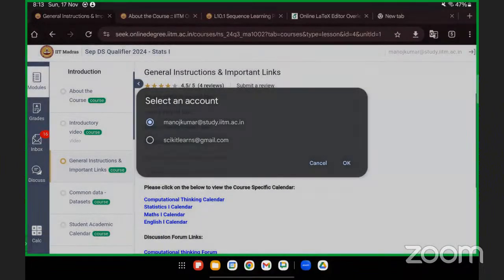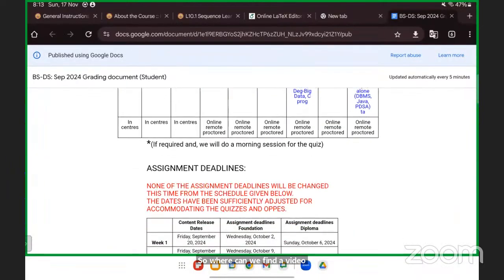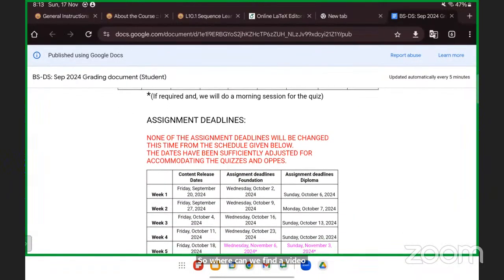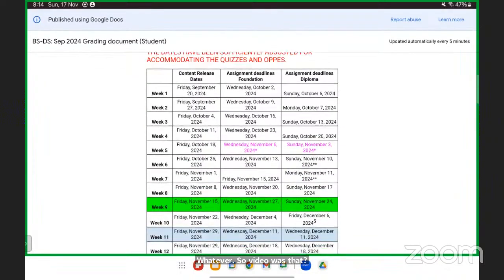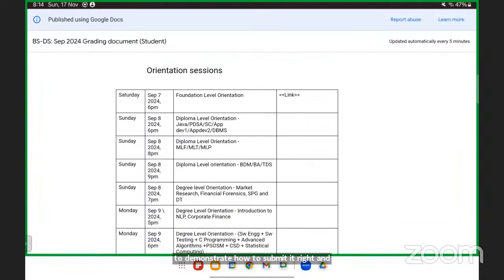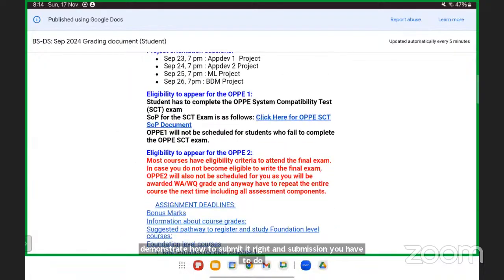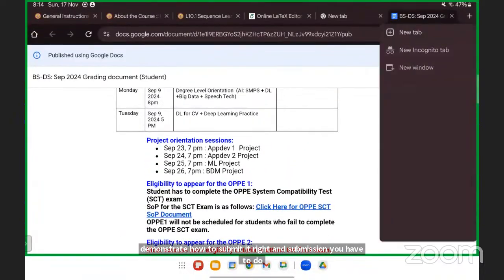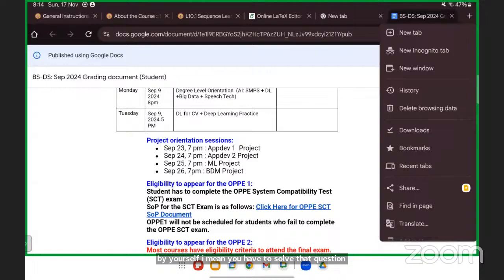So where can we find a video on activity 3, sir? There's no video on activity 3. The video was there to demonstrate how to submit it, right? And submission you have to do by yourself. I mean, you have to solve that question, whatever is there. Yeah. Okay.